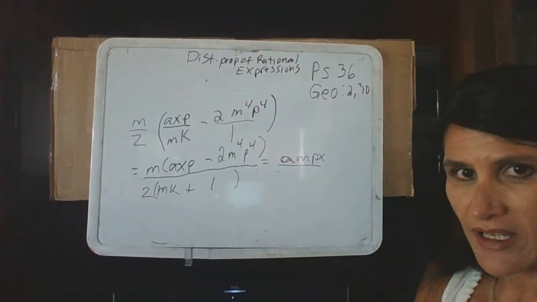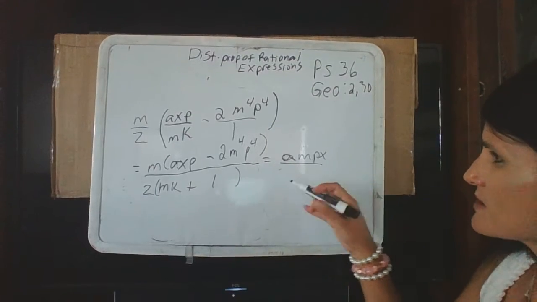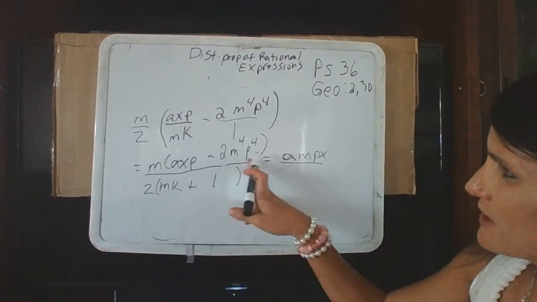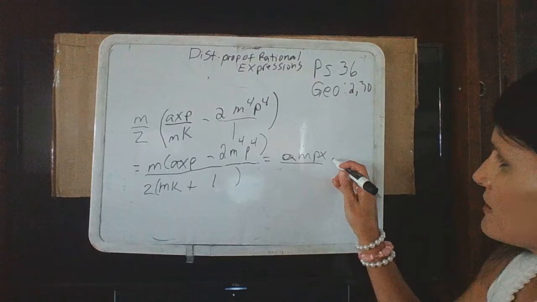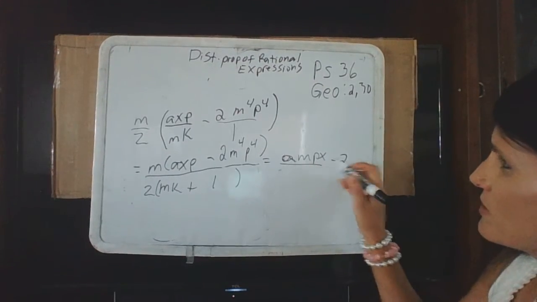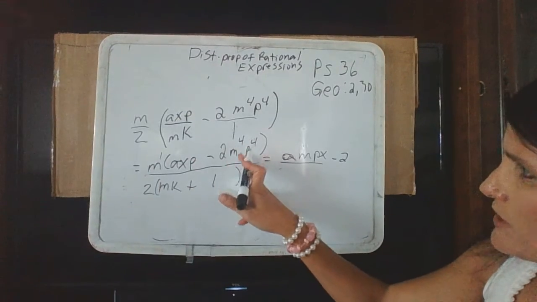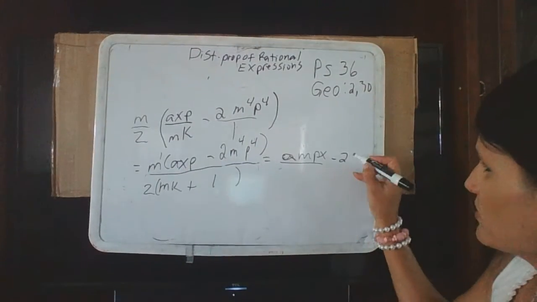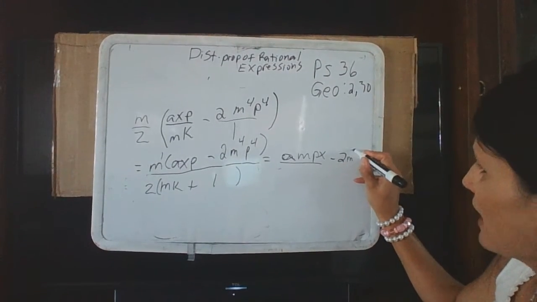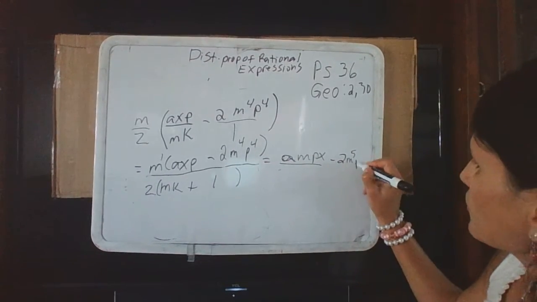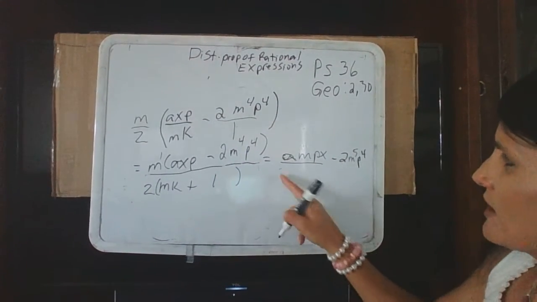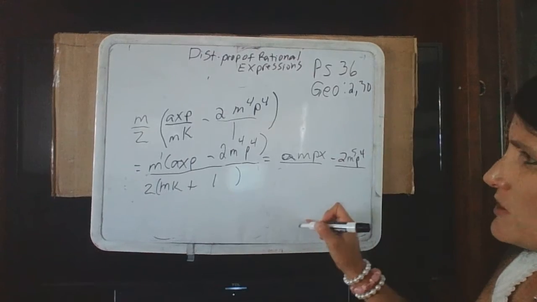So I'm going to do ampx, okay? And then you have to do the second term, so minus 2m. Now I'm going to add a 1 because I have another m here, so 4 plus 1 would be m5, and then p to the fourth, okay? Now the numerator's done.